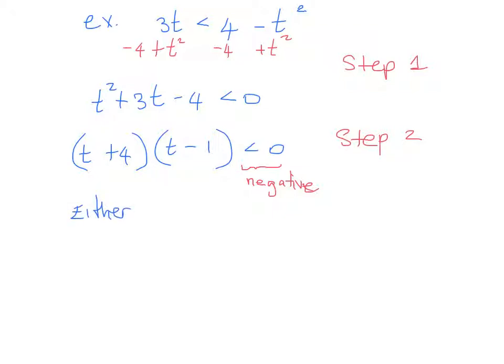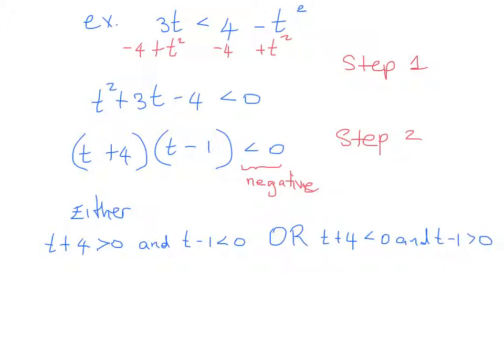So either t plus 4 is positive, greater than 0, and if that's positive, the other one would have to be the other thing. So t minus 1 would then have to be negative, less than 0. Or, big fat or here, once again, t plus 4 is negative, so the other way around, and t minus 1 is positive.